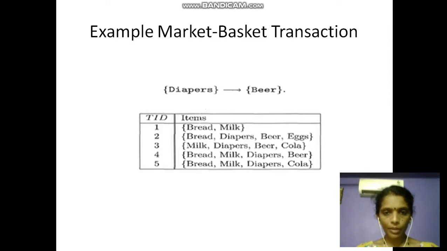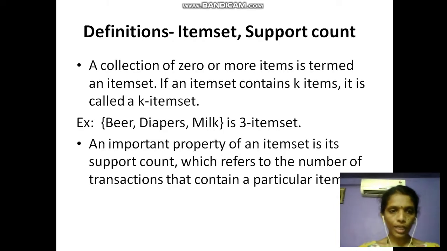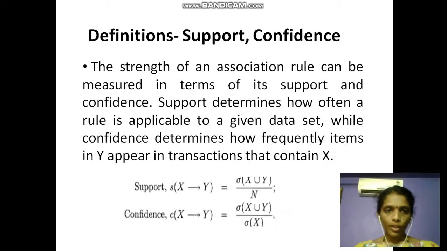See how many times that beer, diaper and milk combination is repeated in all the transactions. If you observe here, it is repeated in 2 transactions, that is transaction ID 4 and 5. Therefore, the support count for beer, diaper and milk is 2.